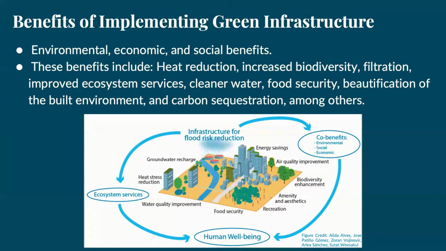So if we look at some of the benefits of implementing green infrastructure, we know that they're environmental, yes, for sure. There are also economic benefits and social benefits as well. And when we think about this, we can think about the idea of an ounce of prevention is worth really a pound of cure.